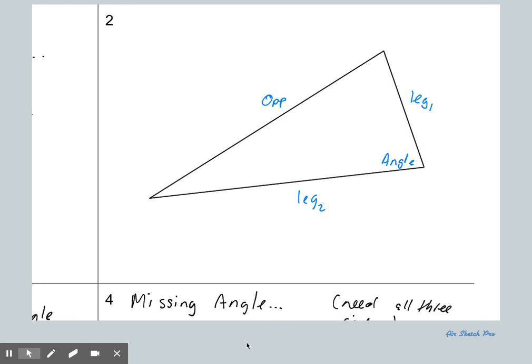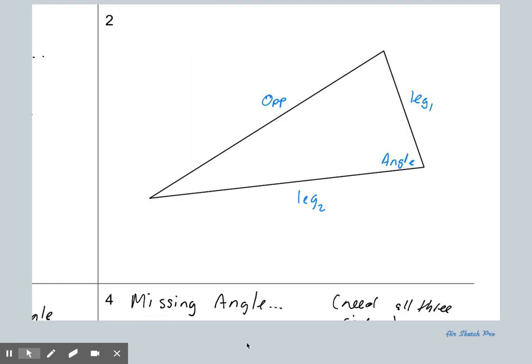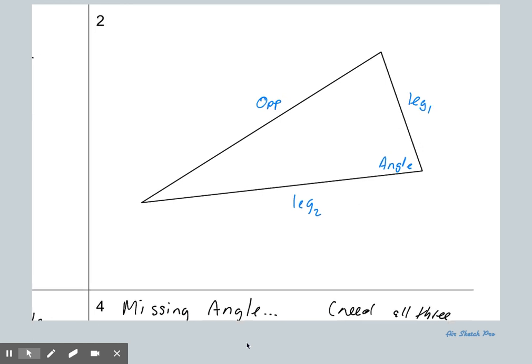So right now, all I'm going to do is I'm going to show you kind of what the rule looks like. This might be different from how you've done it before.